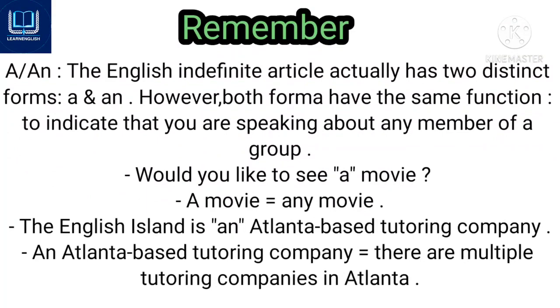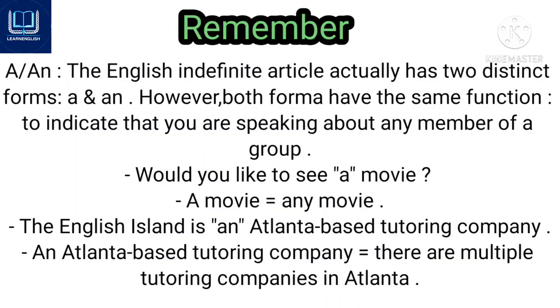A or an, the English indefinite article, actually has two distinct forms, a and an. However, both forms have the same function, to indicate that you are speaking about any member of a group.